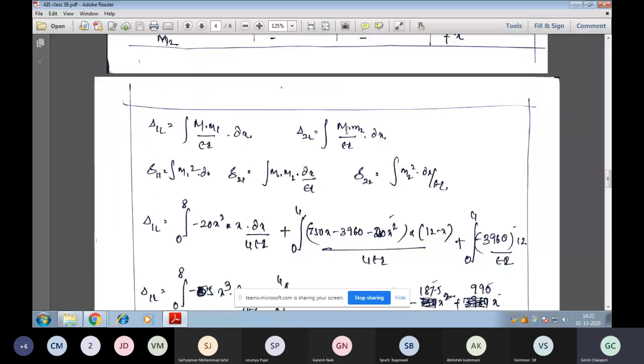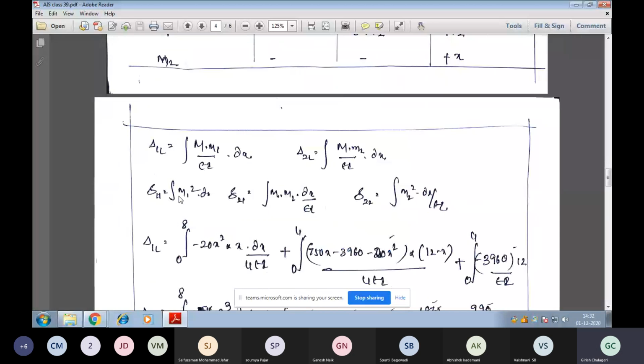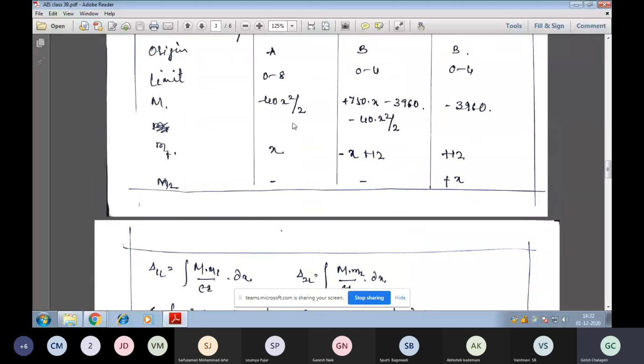Capital M is due to external loads, m2 is due to the second coordinate unit load applied. Similarly, we get delta 1L and delta 2L from these two equations. Substitute the values of M and M1. This is the M value, this is the M1 value.